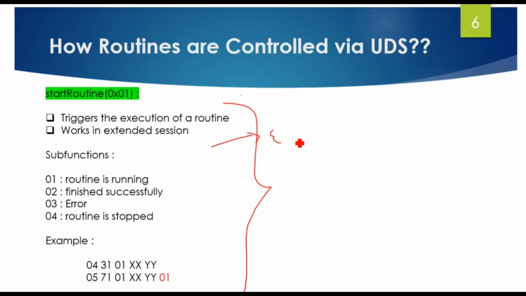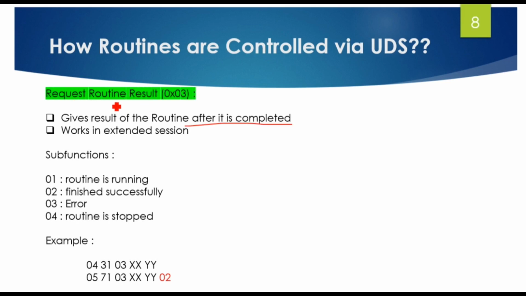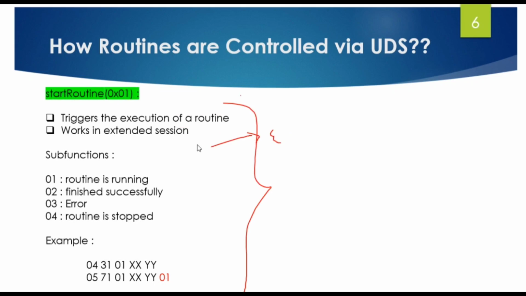Okay, then the stop routine: if the calibration process needs to be stopped, let's say we got some error or user intervention, then a stop routine request can be sent to stop the procedure. And the third one is request routine result. This will give the result of the routine after it is completed. So this is the process. All these three work in extended session. Okay, remember this one, extended session.